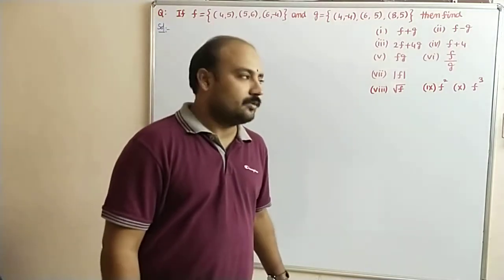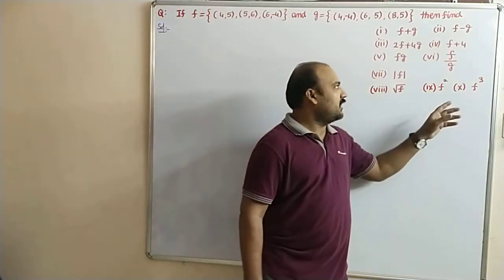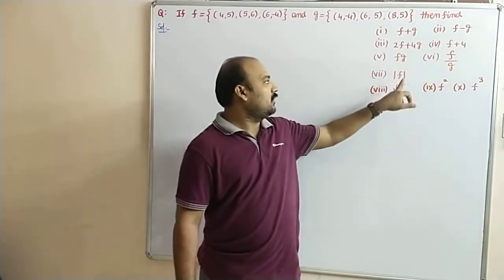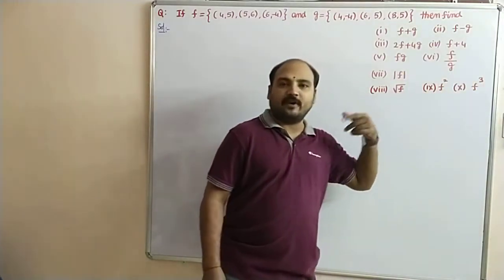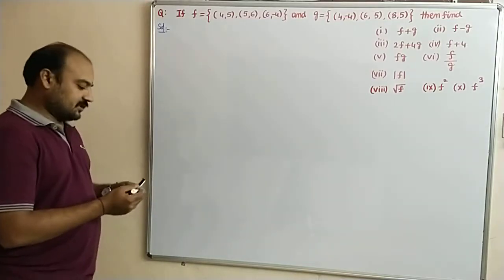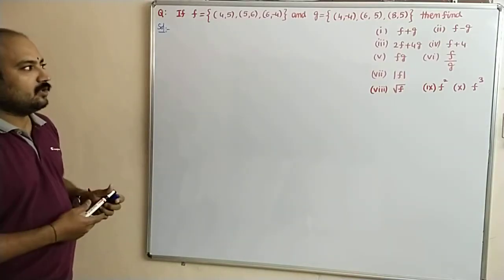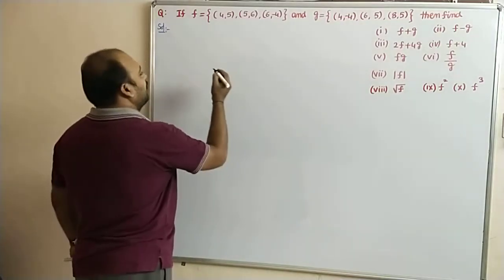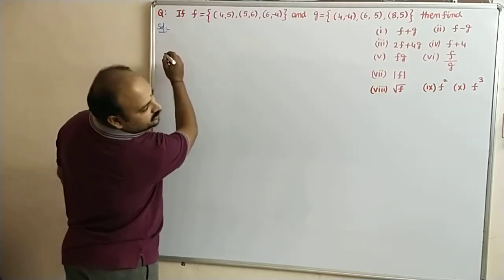The next question, in this we are going to select f by g and root f. Both are somewhat different, but we can discuss first. After that the remaining we will do. First f by g.